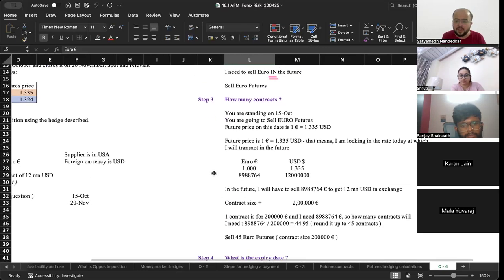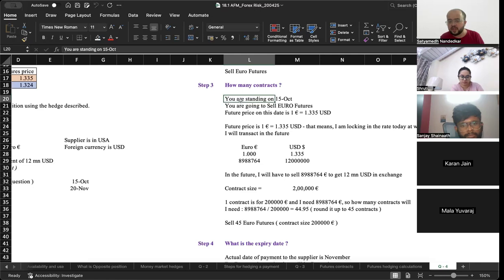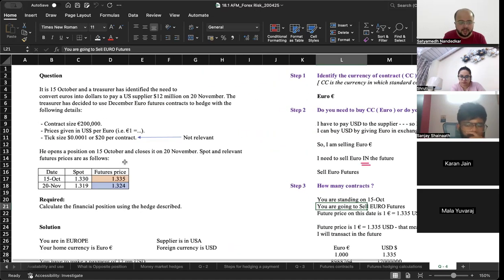Now, how many contracts? You are standing on 15th of October. This is an over-under hedge situation, by the way, which is why I have taken up this question. I'm going to sell euro futures. Future price on this date is 1 euro equal to $1.335. Where did I take this from? I took it from here.